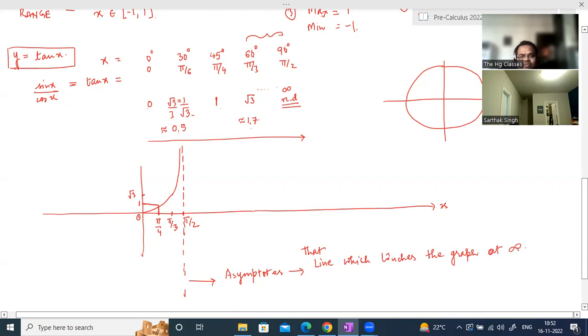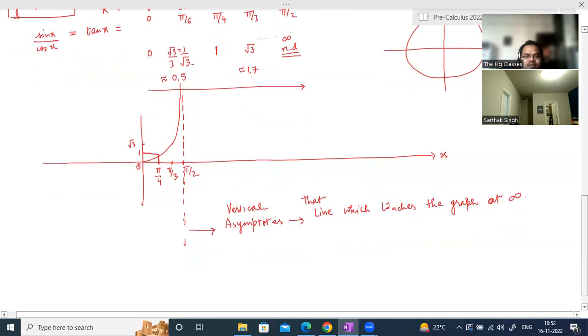The graph touches the line or the line touches the graph only at infinity, at larger values of y or x, right? This is a vertical asymptote, so to say. We will also come across functions where there are horizontal asymptotes, where x becomes infinity and then the function touches. Here y is becoming infinity, right? So we have gotten the graph of the function in the first quadrant.